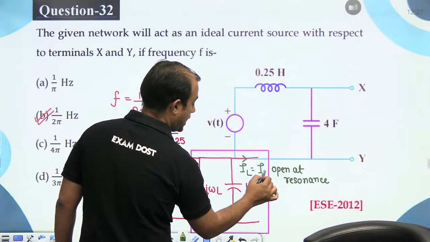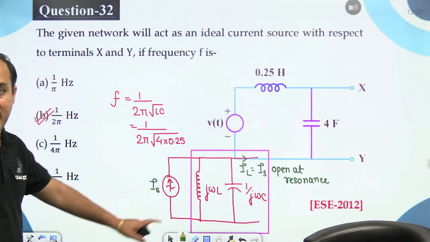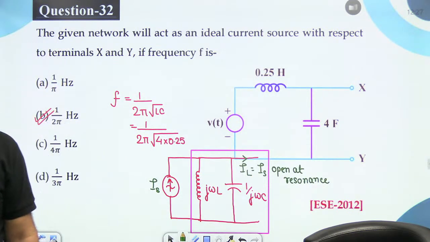Then it will become an ideal current source because this parallel circuit will act as an open circuit.